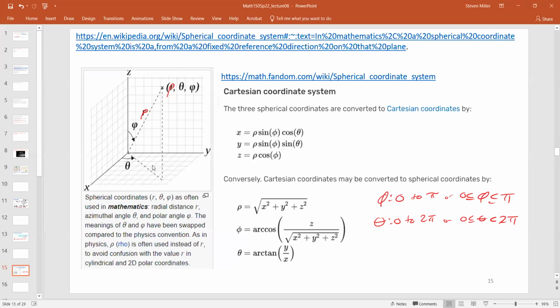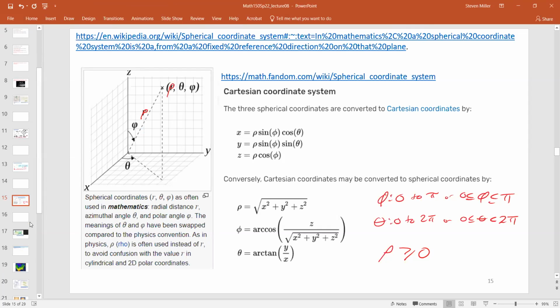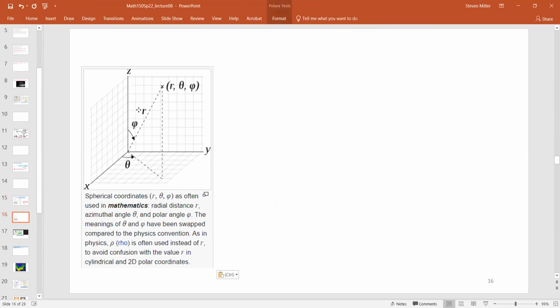And then rho will be greater than or equal to 0. So when you look at what's going on, you start off by coming down from the z-axis, and then you spin around parallel to the xy plane. Okay, let me take this to the next slide.